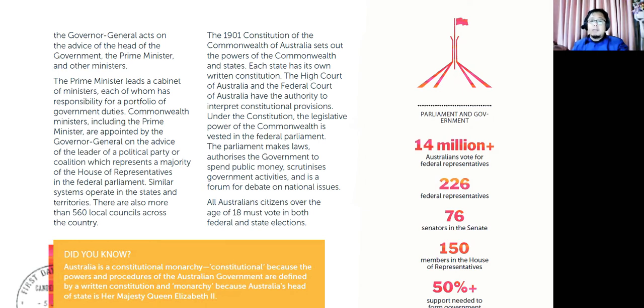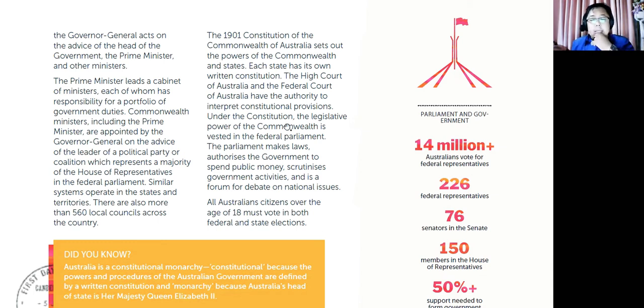The parliament makes laws, authorizes the government to spend public money, scrutinizes government activities, and is a forum for debate on national issues. All Australian citizens over the age of 18 must vote in both federal and state elections.